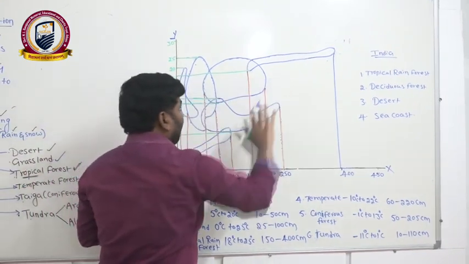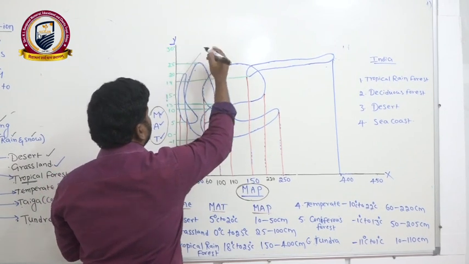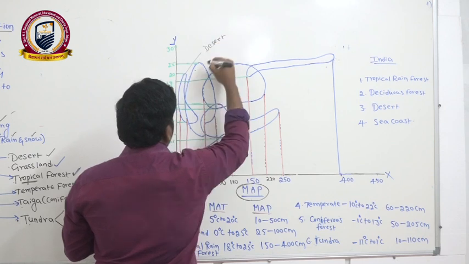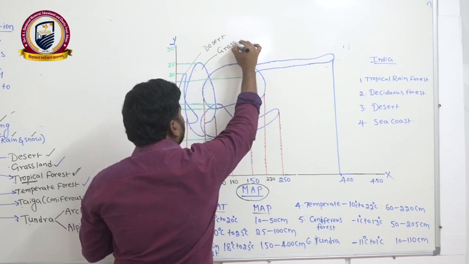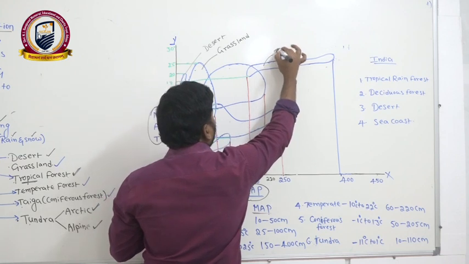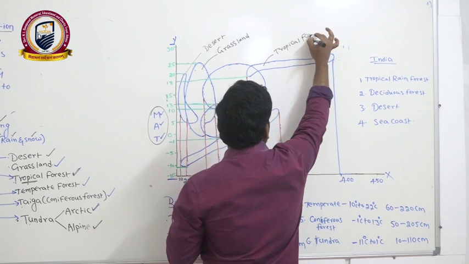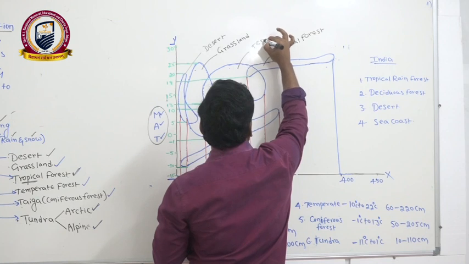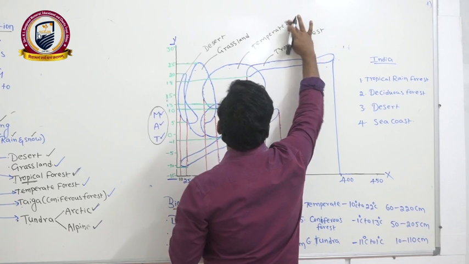Now, here they have given different types of biomes. First biome is the desert biome. Second is the grassland biome. Third one is tropical forest. Fourth one is temperate forest, or we can say temperate biome.